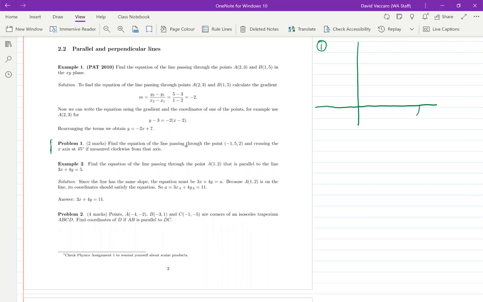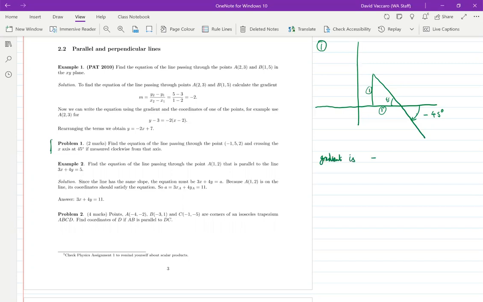So clockwise would be round this way. From a mathematician's point of view, that's minus 45 degrees. So we can see straight away that the gradient is going to be negative. And because it's 45 degrees, the tangent of 45 degrees is 1, so the opposite and the adjacent would both be 1. So the gradient is negative 1.